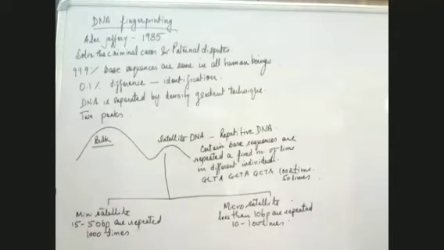These mini satellites are used as VNTRs. VNTRs are variable number of tandem repeats. These VNTRs are also used as radio labeled probes.